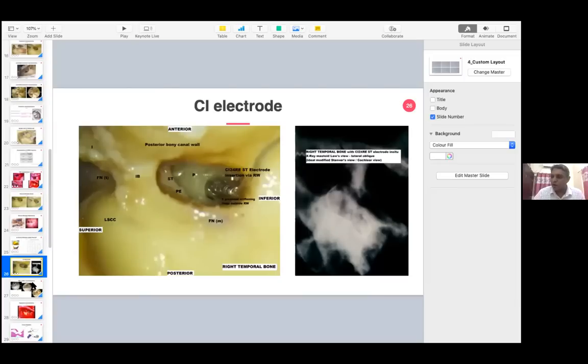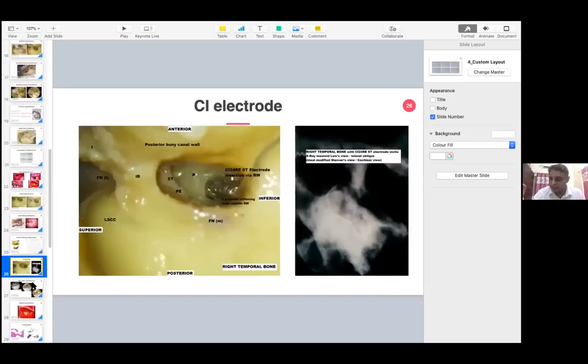So if you insert the electrode in the scala vestibuli, that means the electrode has to give more current so that the current from the electrode is received by the end auditory nerve fibers at a far distance. If you have to stimulate the auditory nerve fibers with less current, you have to place the electrode and give the current very near to the end auditory nerve fibers.